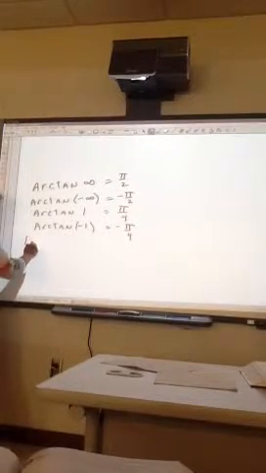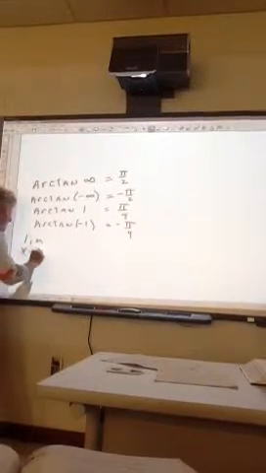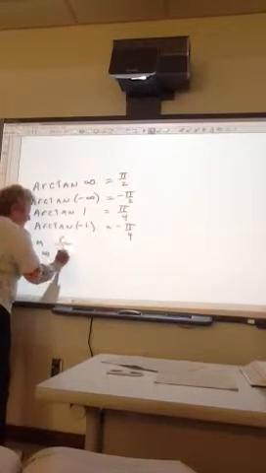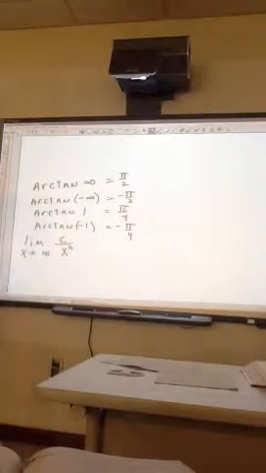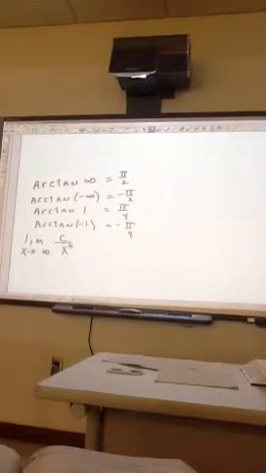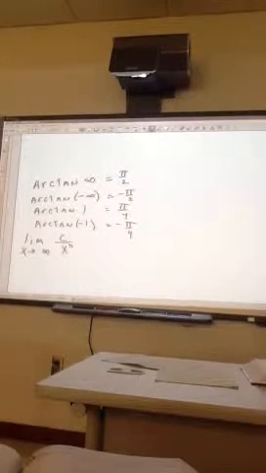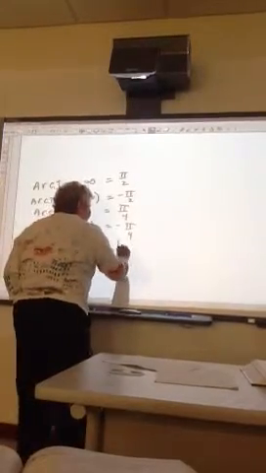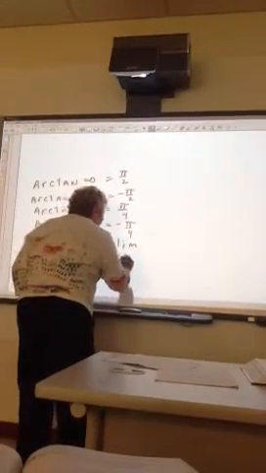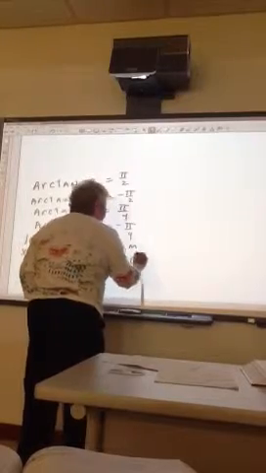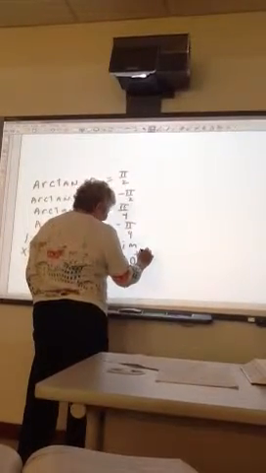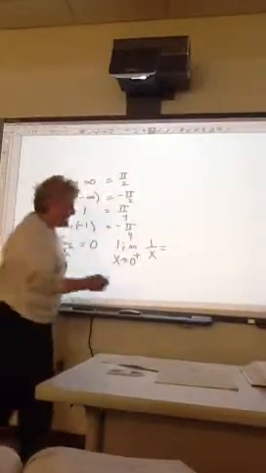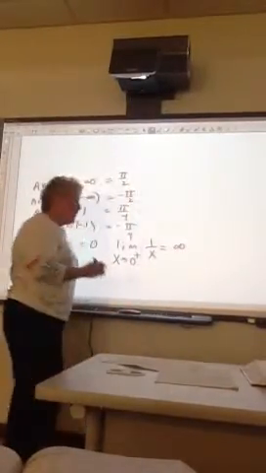The limit as x approaches infinity of a constant over x to any positive power goes to 0, but the limit as x approaches 0 from the right of 1 over x is infinity.